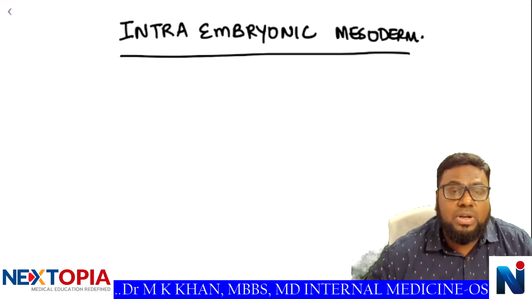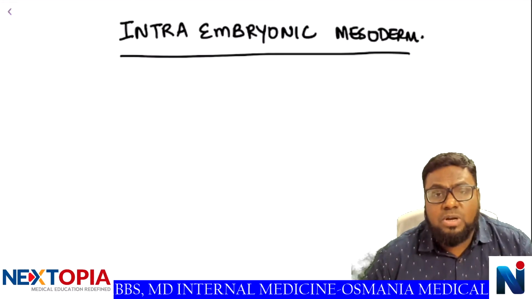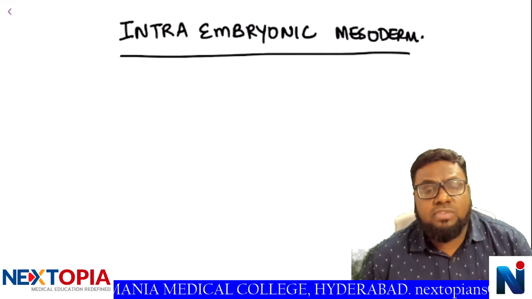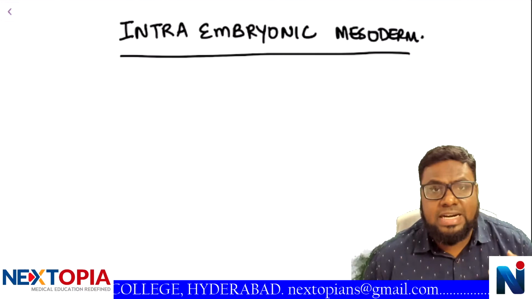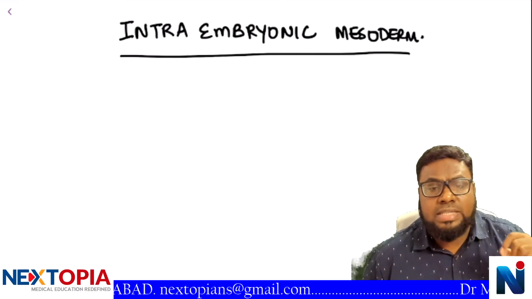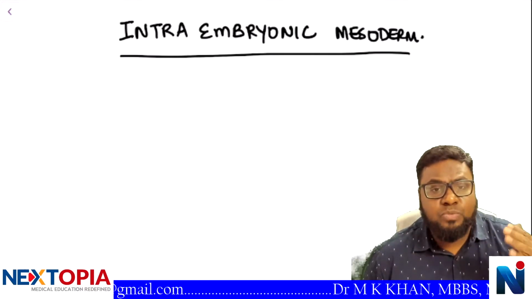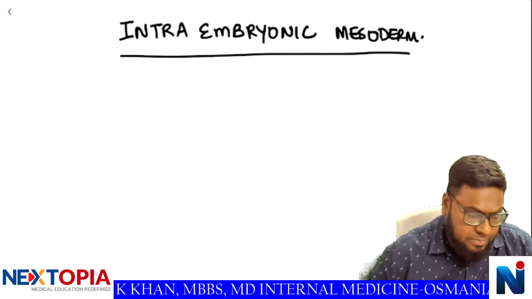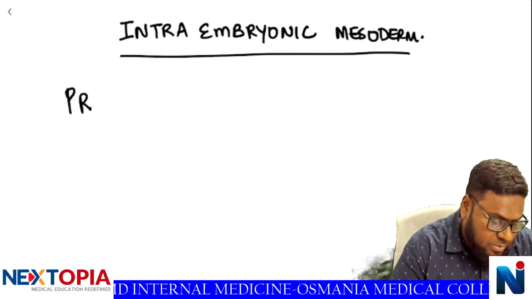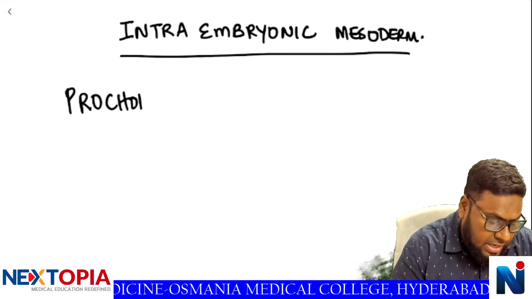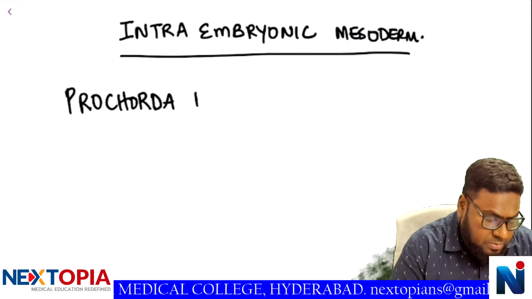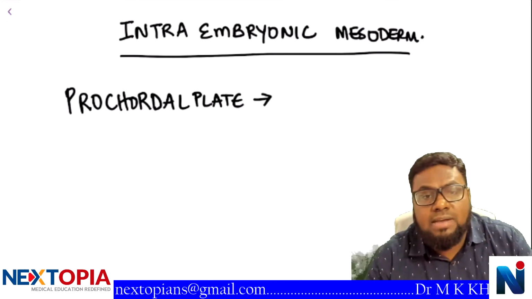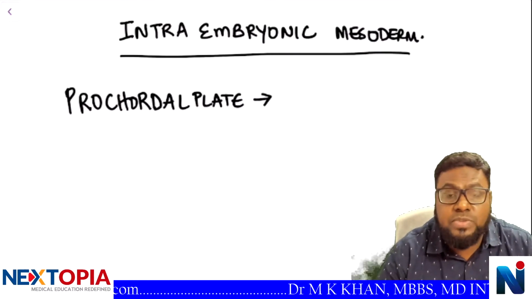The cells of the intraembryonic mesoderm are formed because of proliferation of the primitive streak that separates the ectoderm and endoderm. There are a few regions wherein there is communication between these two areas. I told you that there is one structure called the procordal plate in the endoderm, is it not? So this procordal plate is responsible for development of the future oral cavity.